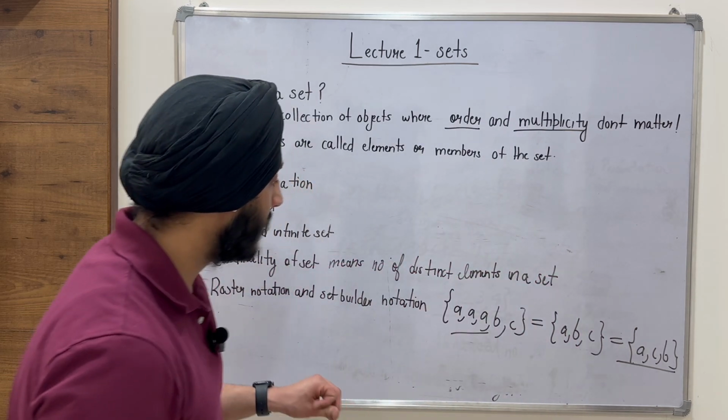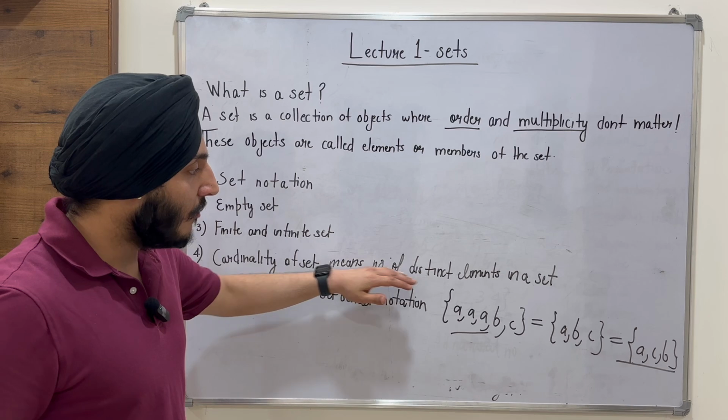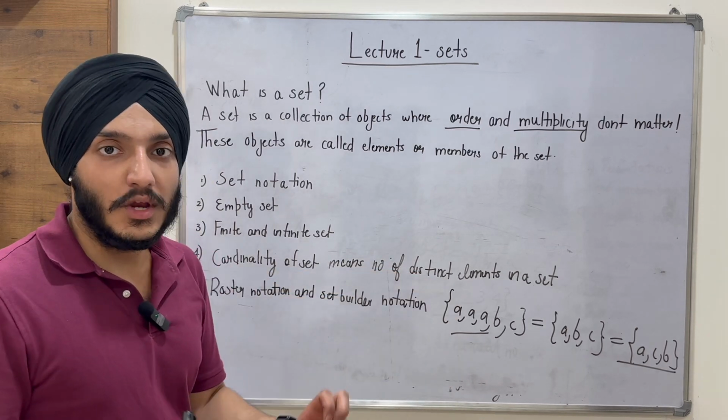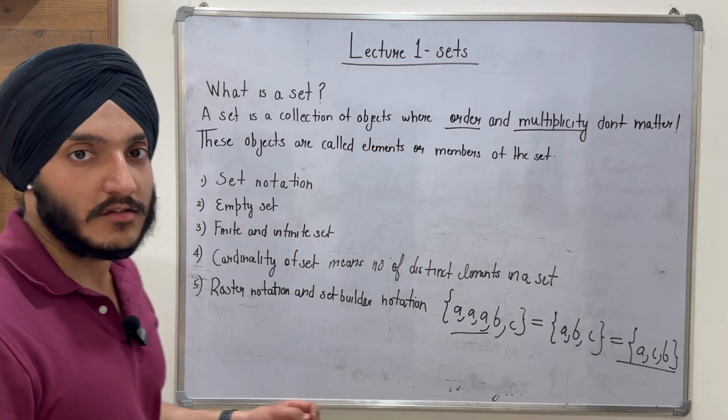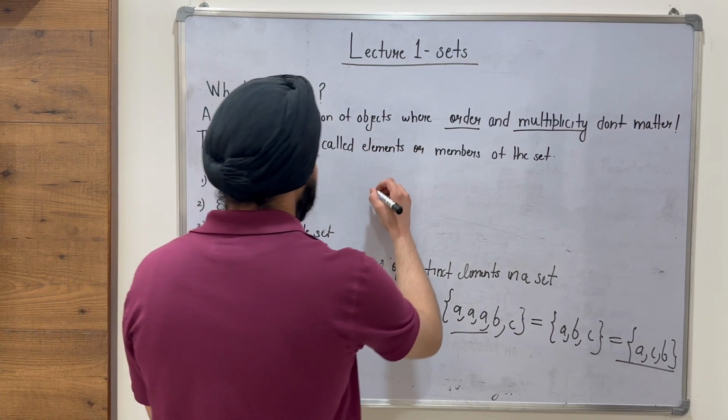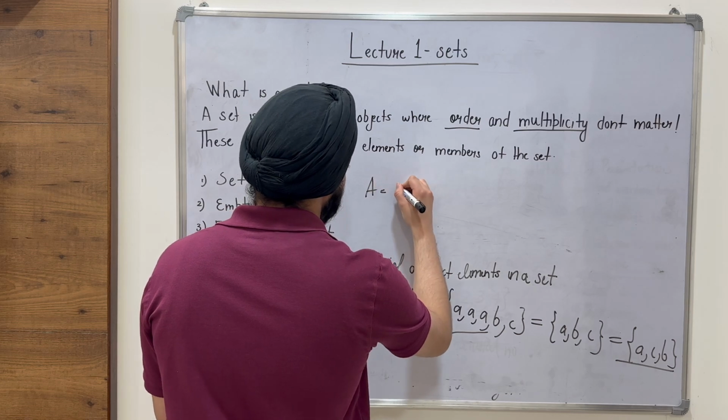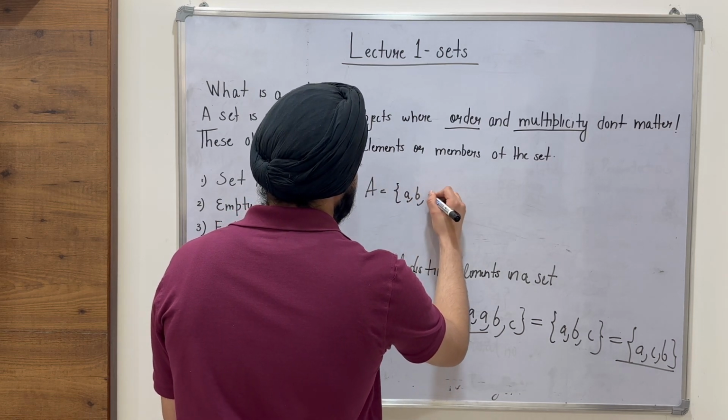It's very important to understand that it's the number of distinct elements in a set, which means the unique elements in a set, right? I'll give a very basic example to understand the cardinality of a set. For example, I have this set A, which is A, B, and C.